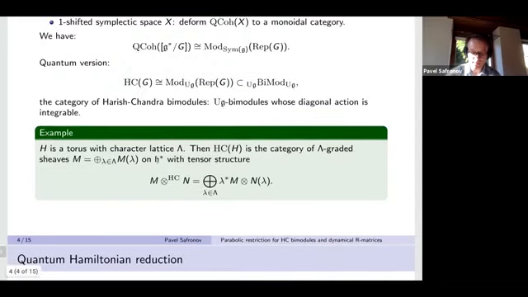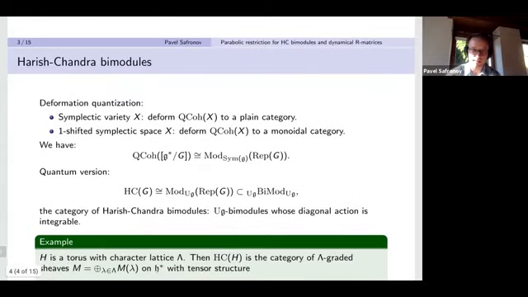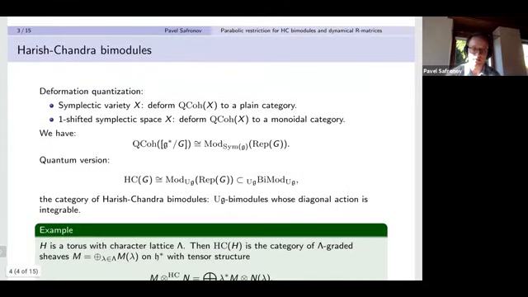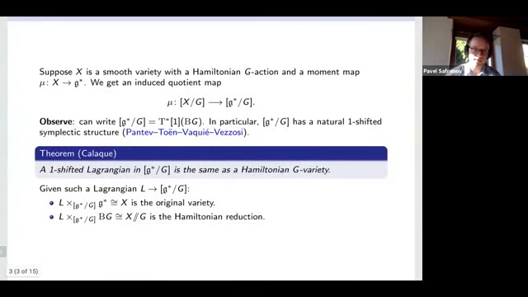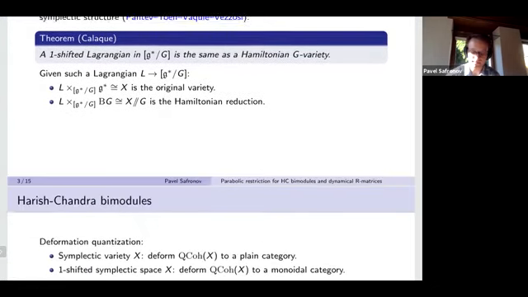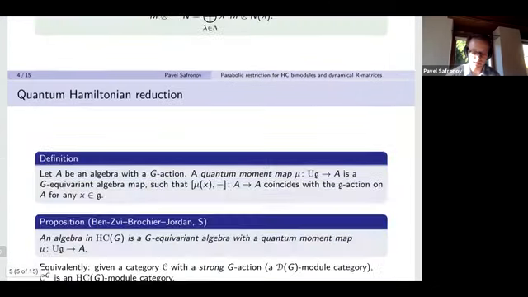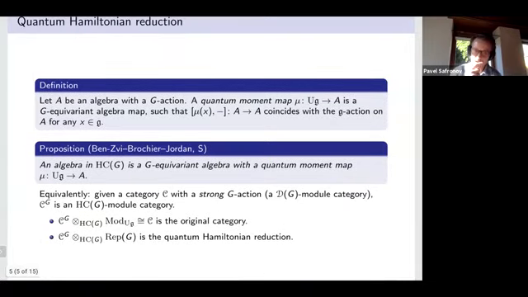Okay, so far I explained the deformation quantization of Lie algebra dual mod G. Let me also explain what is deformation quantization of the rest of this data. So you have the Lagrangian and you have these two intersections. Okay, so for this I have to remind you something basic, which is the notion of a quantum moment map.